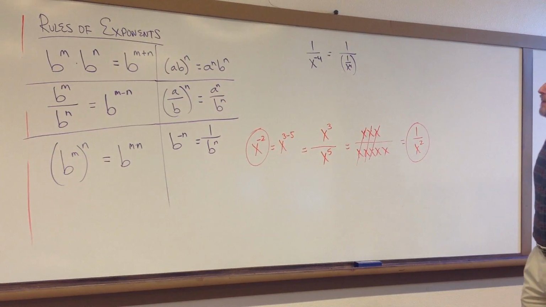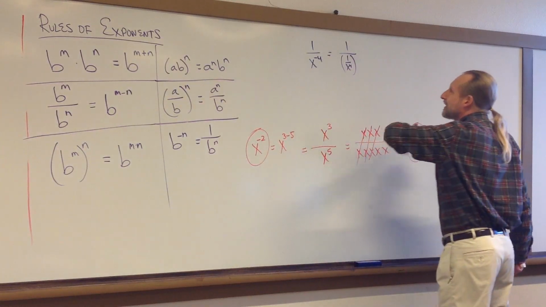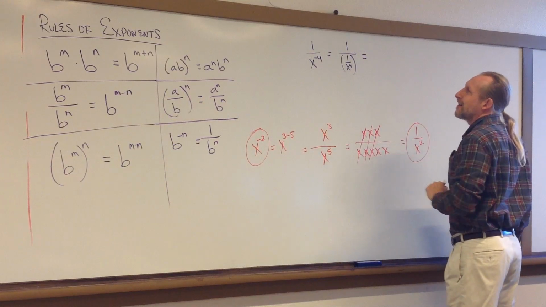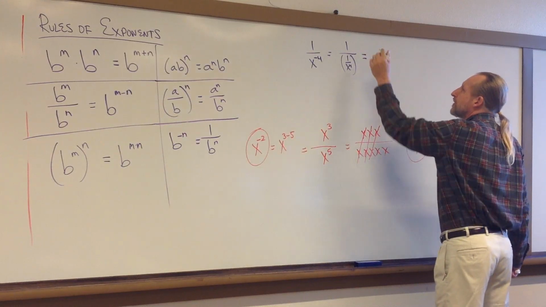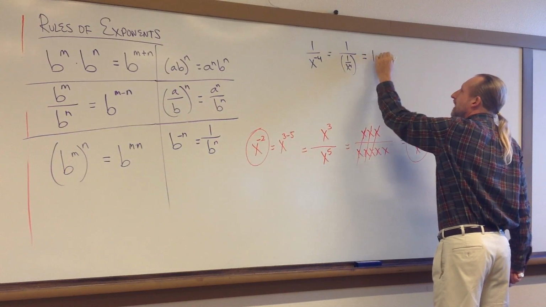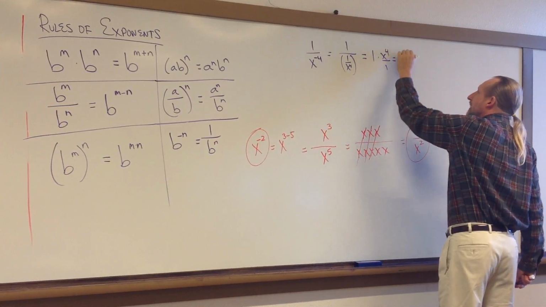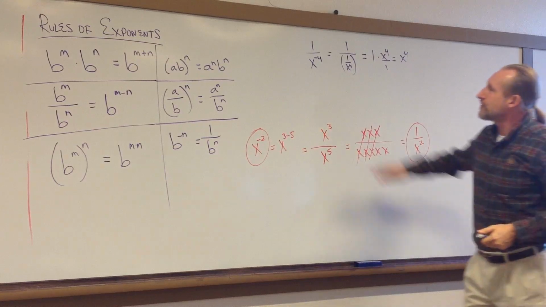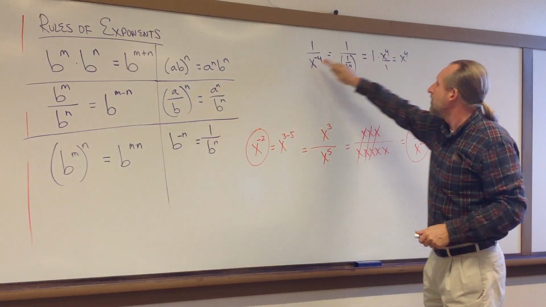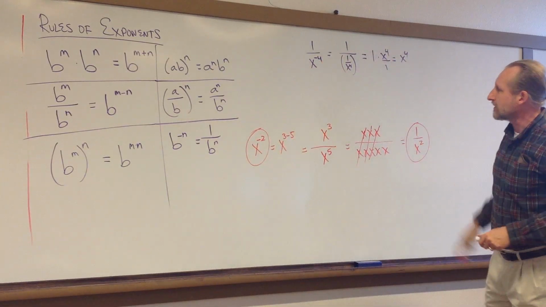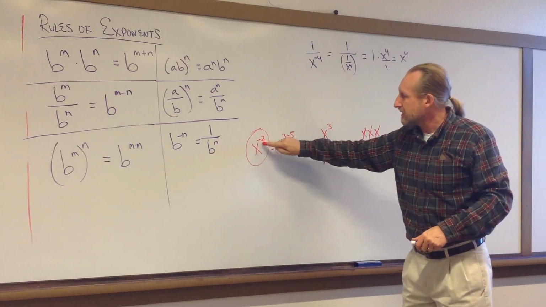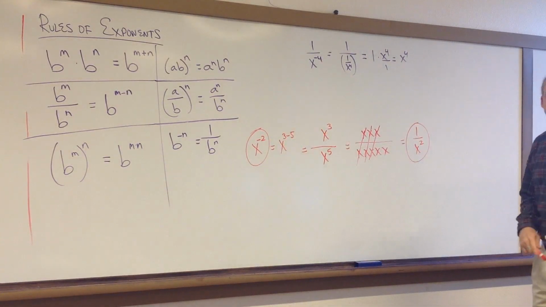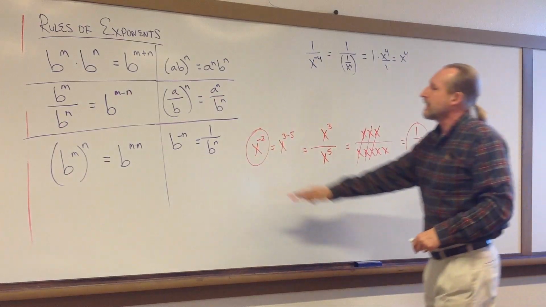And if you remember back to dividing fractions, you flip the bottom over and multiply. 1 times x to the 4th over 1 is x to the 4th power. So that's what I was saying, it's in the wrong place. If you've got a negative exponent in the bottom, move it to the top and make it positive. If you've got a negative exponent on the top, move it to the bottom, make it positive. So that's the negative exponent.